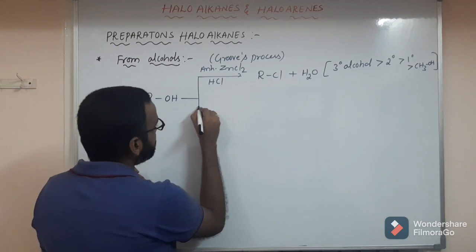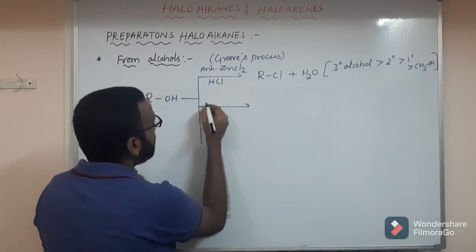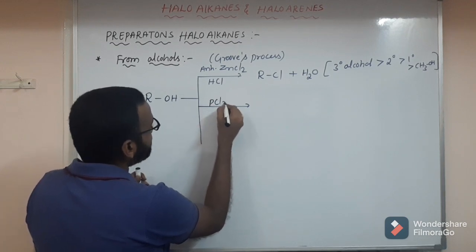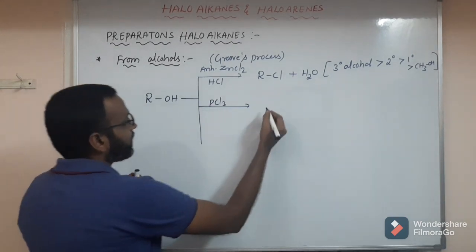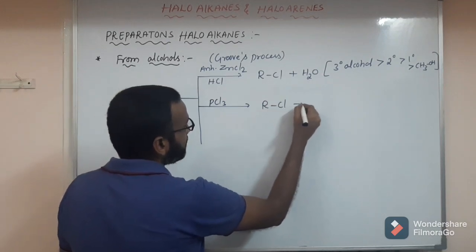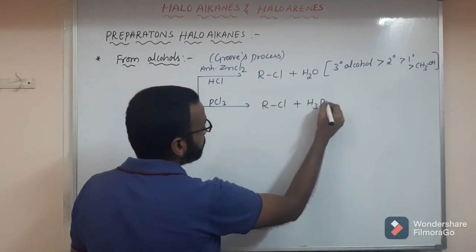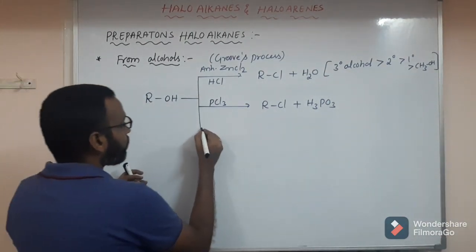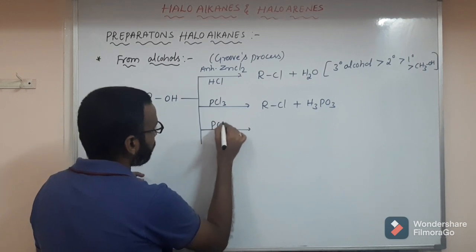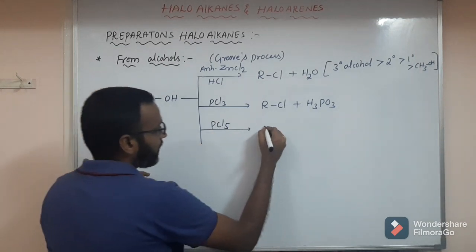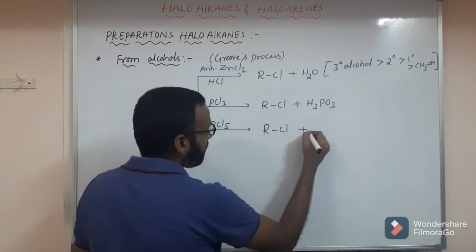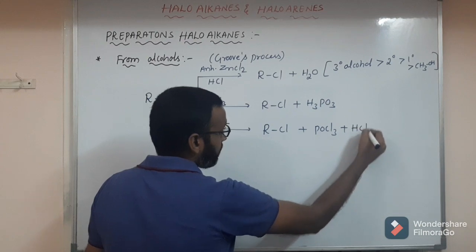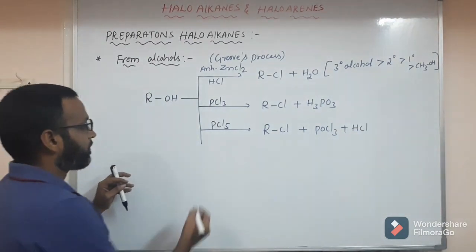Next, reaction with PCl3: you will get RCl plus H3PO3. These are byproducts, very important. Now ROH with PCl5: again you have RCl, then POCl3 plus HCl. These byproducts are also very important.